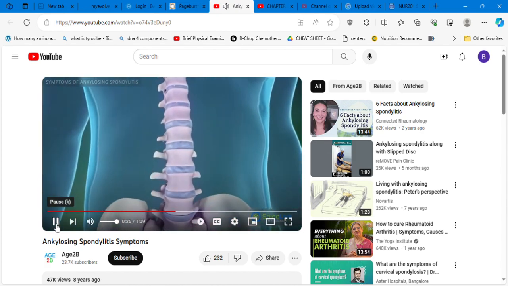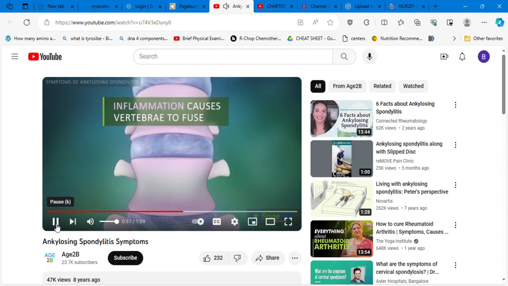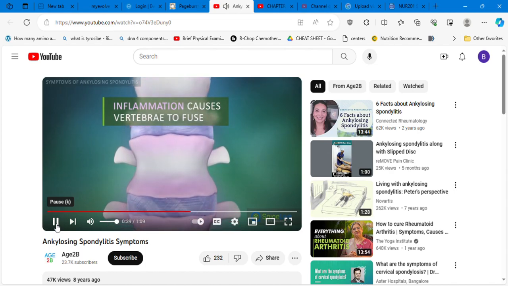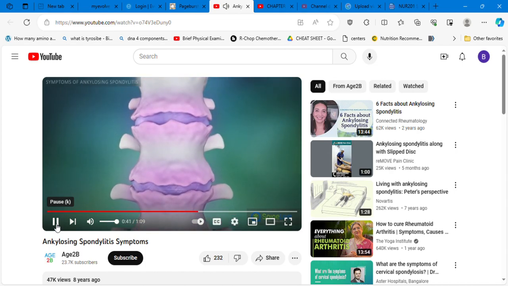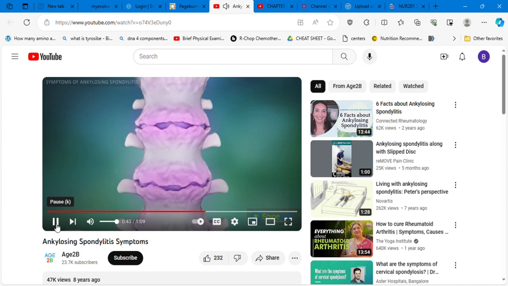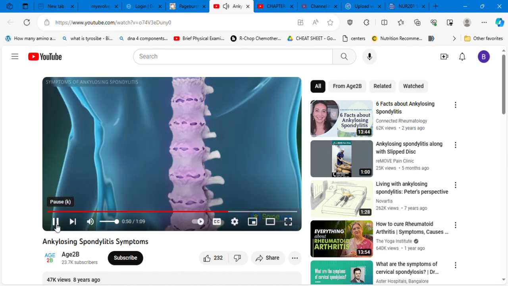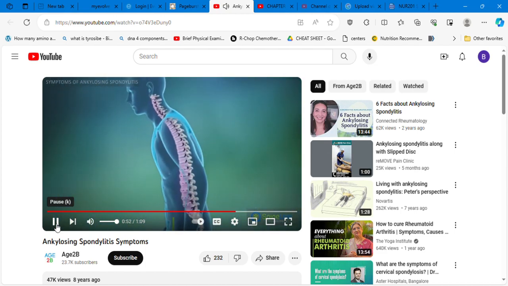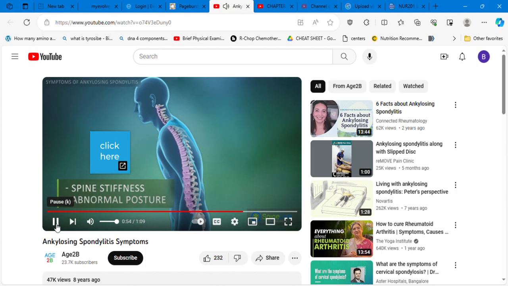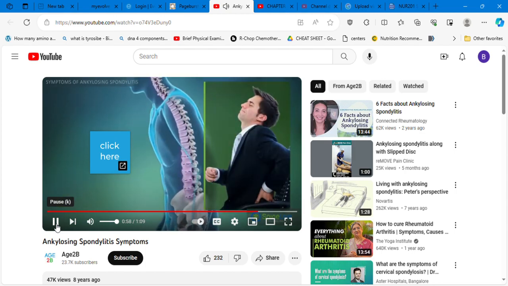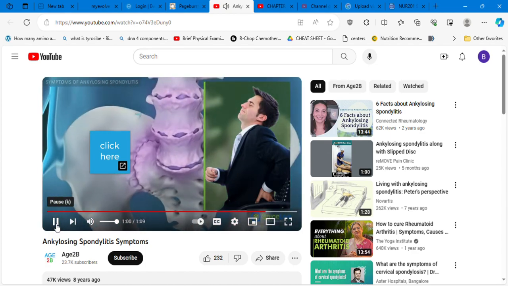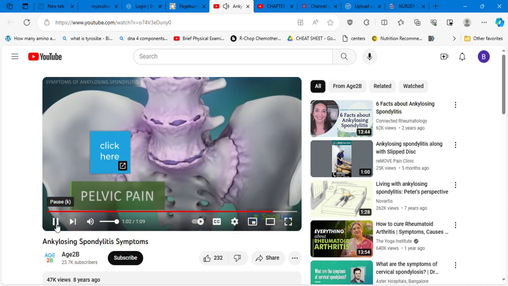As the condition progresses, the inflammation of severe ankylosing spondylitis causes the vertebrae to grow together. This leads to ankylosis, which is sometimes referred to as bamboo spine. When the bones of the spine are cemented together, the spine cannot bend, and this results in abnormal posture. Riding in a car, standing or sitting too long may be painful due to sacroiliac joint inflammation.